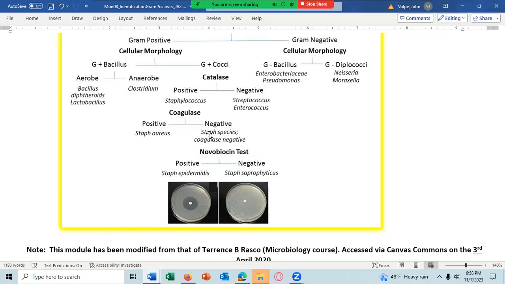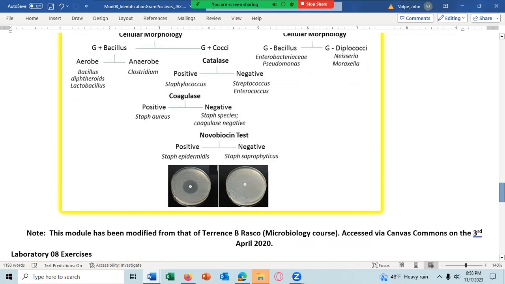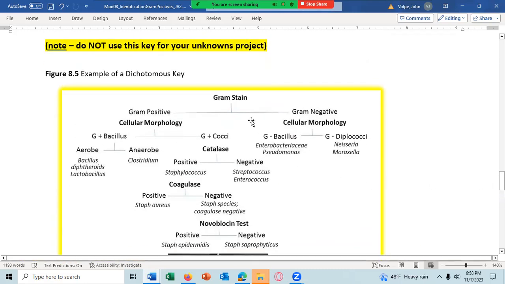We can then run the novobiocin test, and that will separate the coagulase negative species into Staph epidermidis, which is novobiocin positive, from the Staphylococcus saprophyticus species, which is novobiocin negative. Any question about any of that? Anyways, that's doing a dichotomous key where we run a test separating the possibilities by two, and then just keep going on with that test.